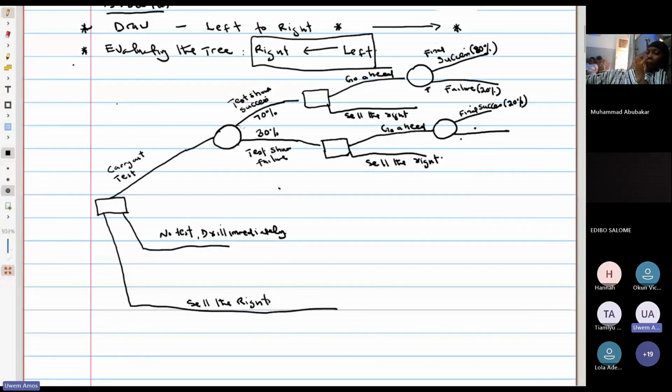And we can have final failure with a probability of 80%. Okay, so let me rewrite that so that it will be a little bit more legible. So here we would have final failure with 80%. Okay, so let's get right back to our question. We've mapped that.